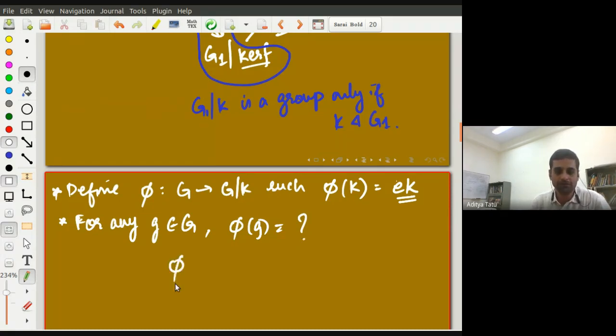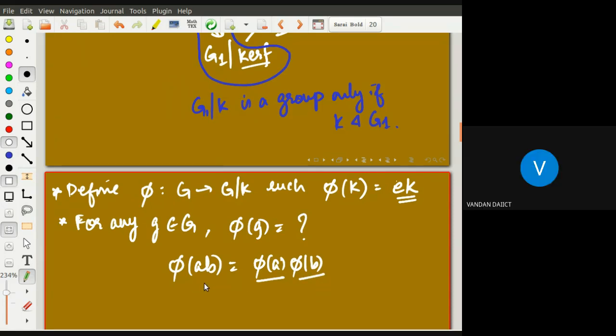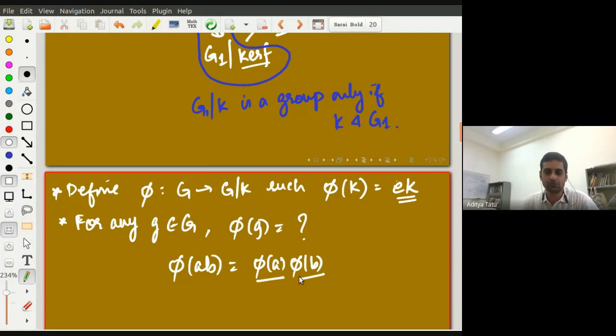See, what should happen? Phi of AB should be equal to phi A phi B. Given that K is a normal subgroup, you know phi A is a coset, phi B is a coset. And phi AB should also be a coset. So what should the mapping be, given that this has to be true?